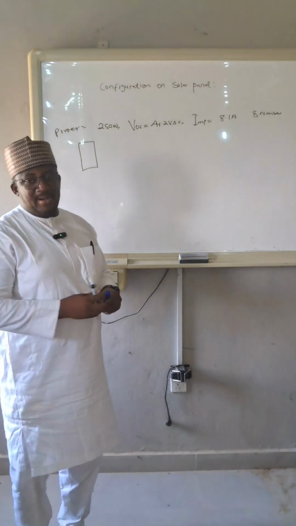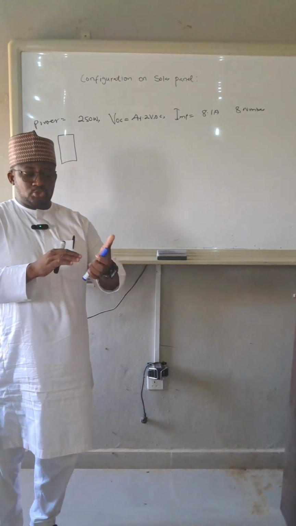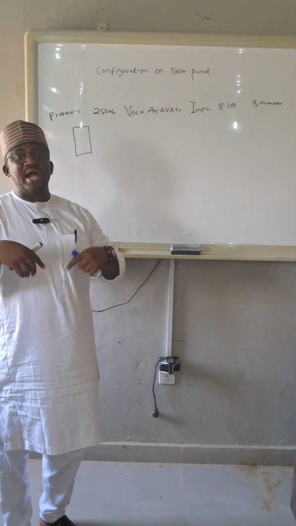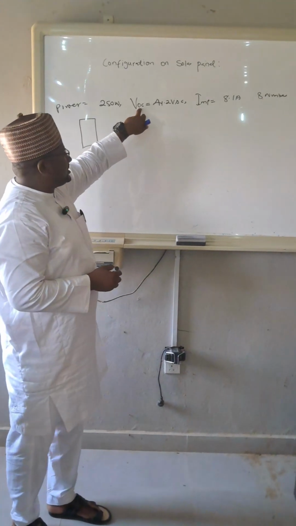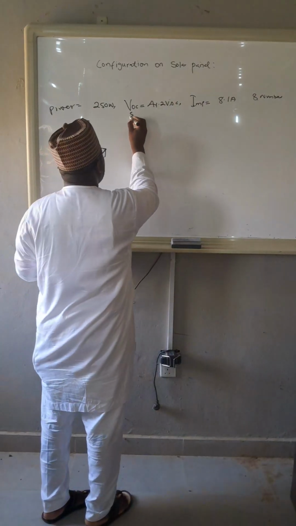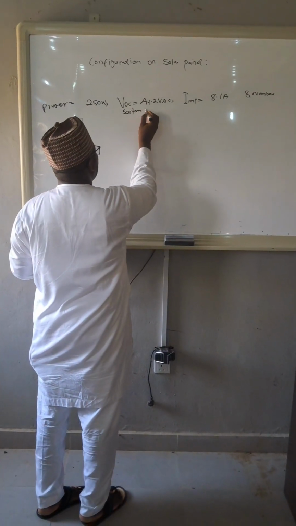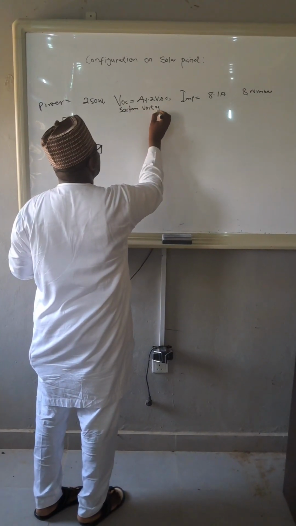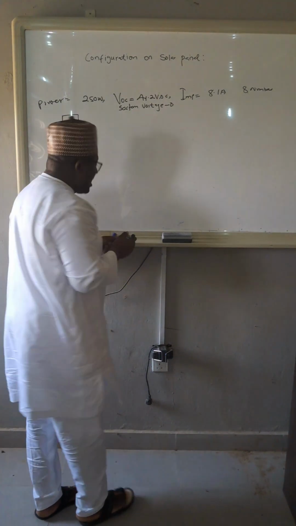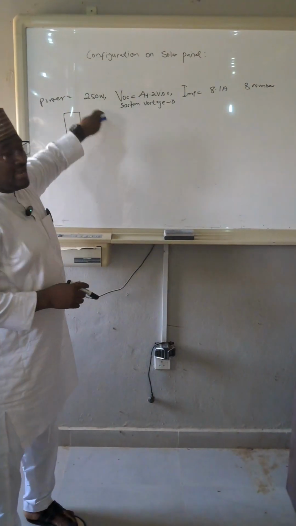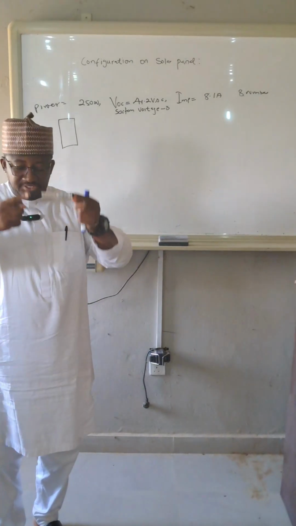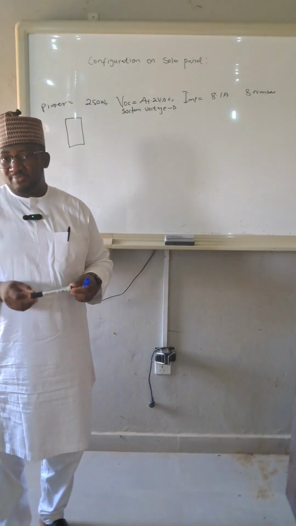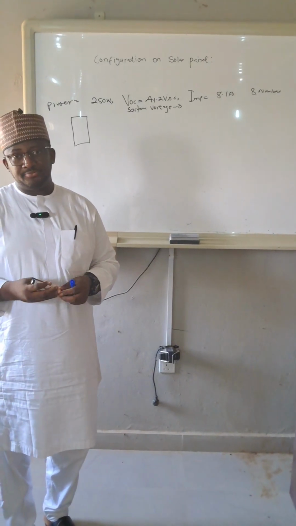If we have a solar panel, we always look at two ways to identify their voltage. This is open circuit voltage, and we have what we call system voltage. From 200 watt solar panel downward, the system voltage remains 12 volts.